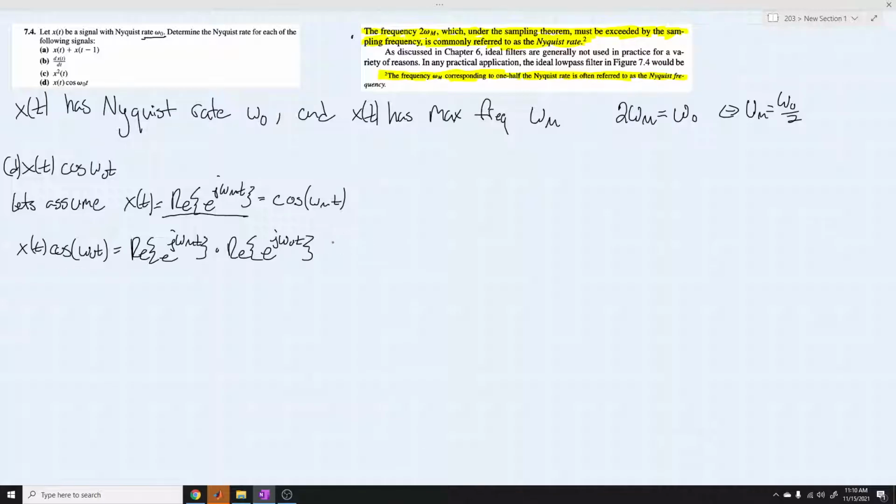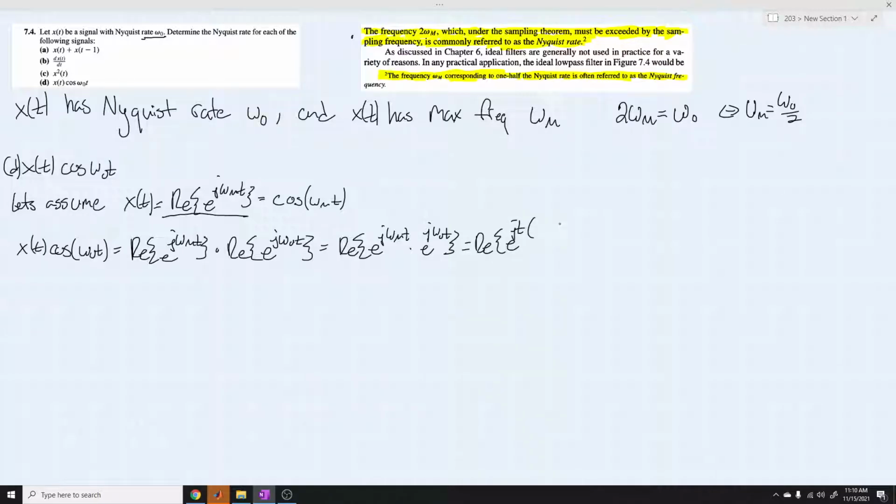And taking the real or imaginary part is a linear operation, so we can factor that out, and we get that x of t times cosine omega sub naught of t is equal to, well, here I'll write it out step by step. We get e to the j omega sub m of t times e to the j omega sub naught of t, and that's equal to the real part, and we're just going to combine those.